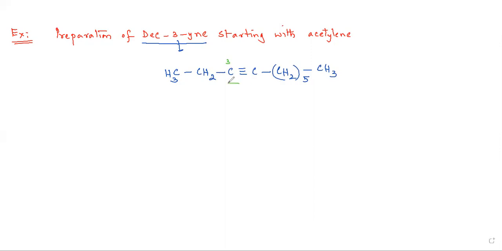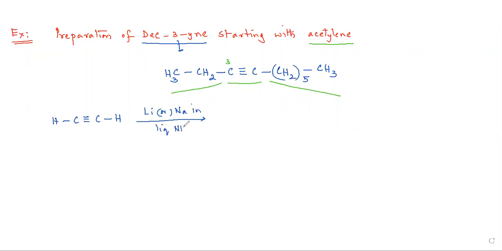Now, this is the basic structure of acetylene. Now, these are the things to be used; these are going to be replacing the acidic hydrogen. Let's see. Starting with acetylene, you can use sodium or lithium in liquid ammonia, right?